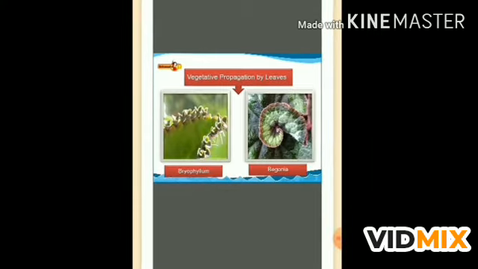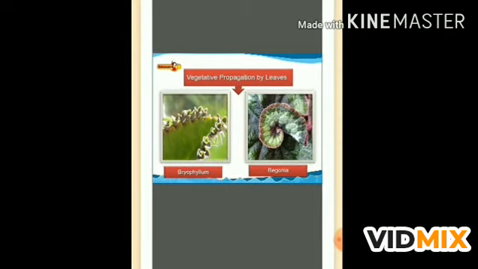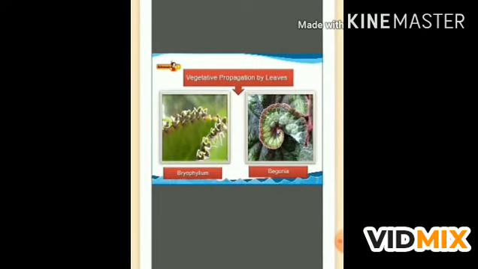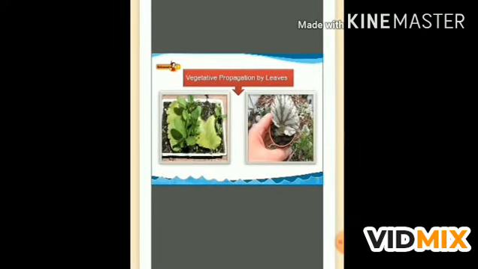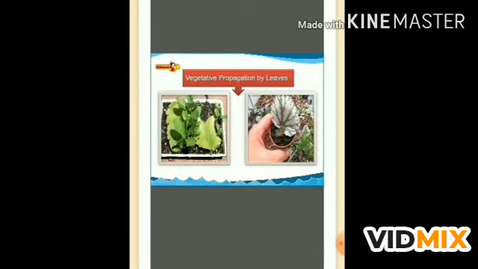Vegetative propagation by leaves. Look here in these pictures. The leaves of some plants like Bryophyllum and Begonia have small buds on the margins of their leaves. When these leaves shed off or are placed in moist soil, they grow into a baby plant.